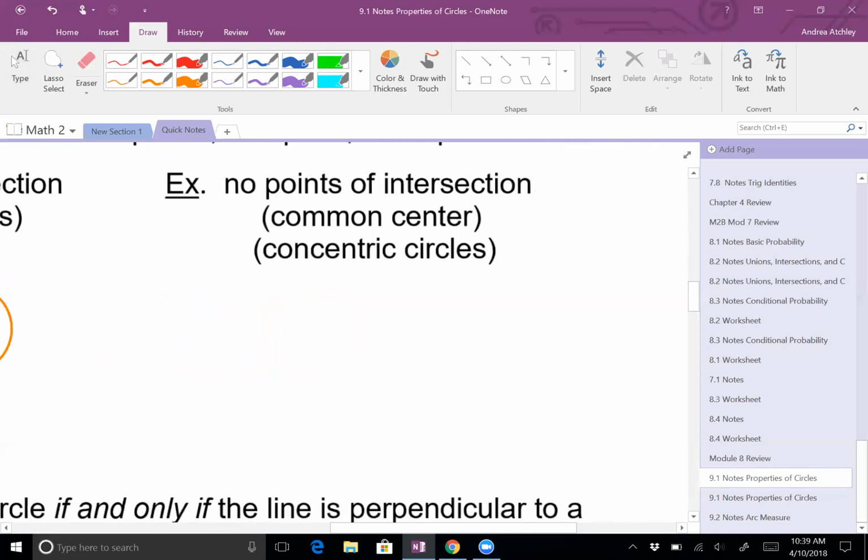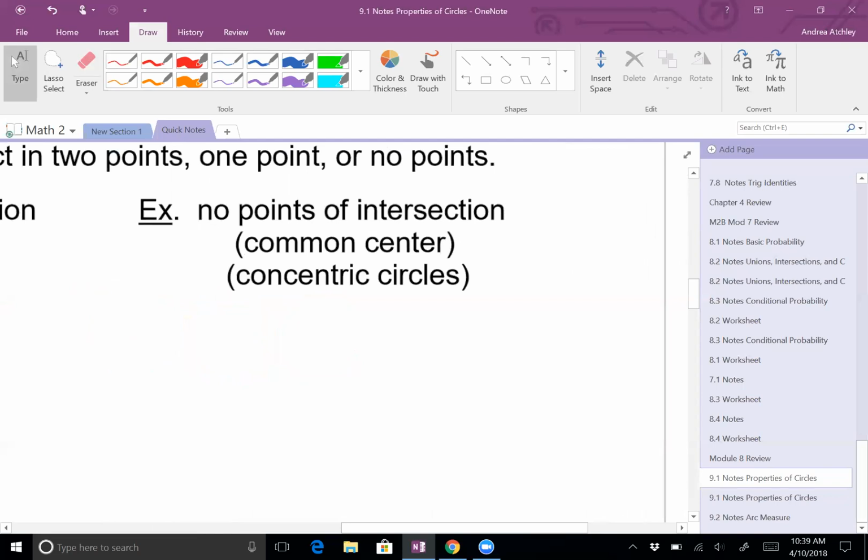Then we can have circles that intersect nowhere, where they could have a common center, or concentric circles.